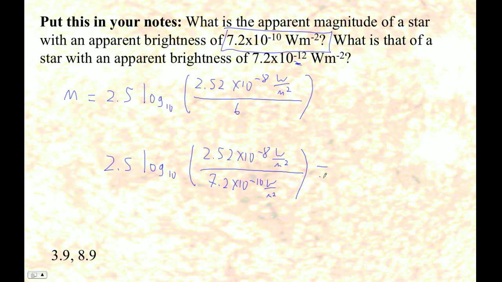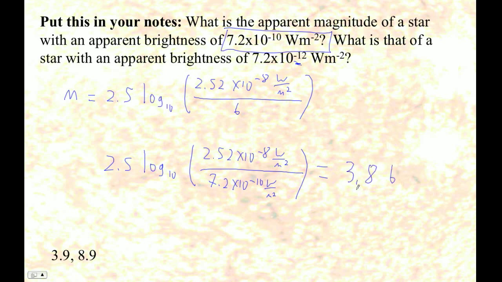Ta-da. Okay, so let's do that. 2.5 times log, I always say times even though I don't have to, parenthesis 2.52 e -8 divided by 7.2 e -10, right parenthesis. Hey, I got it right. That's 3.86.